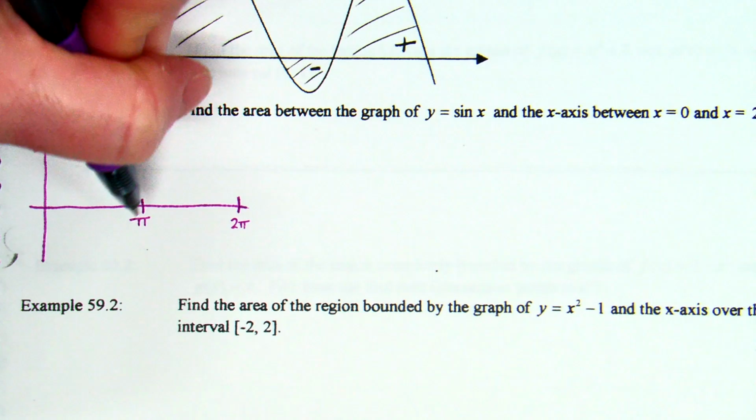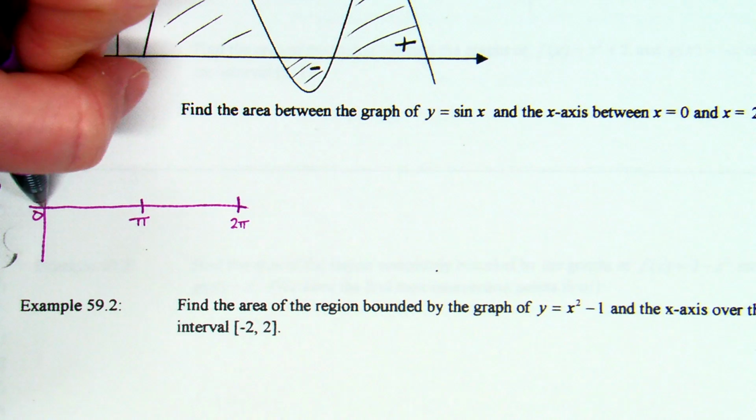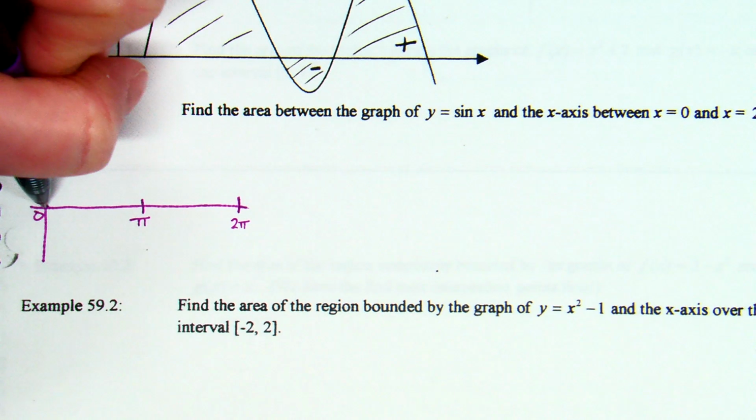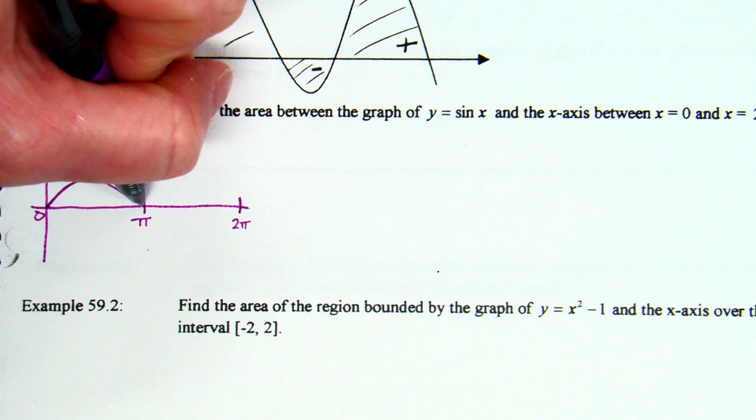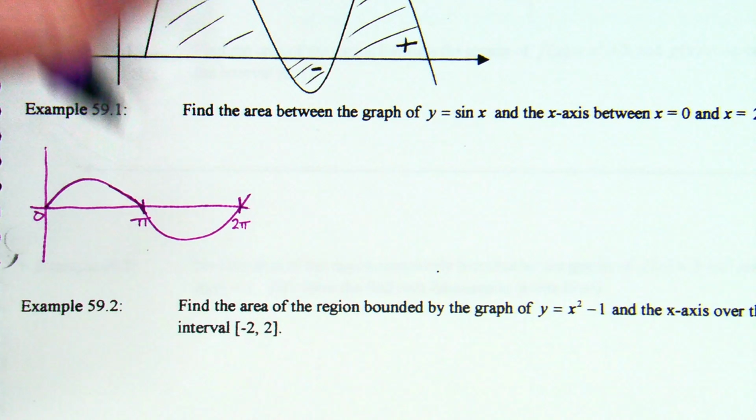What does sine do? Up through pi, down into 2 pi. It starts at 0. Remember, from 0 to 2 pi is a cycle. So it goes up, maxes above pi over 2, cuts through pi, has a minimum below 3 pi over 2, and cuts back up through 2 pi, right?